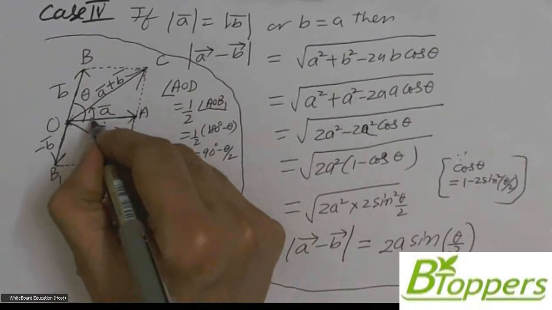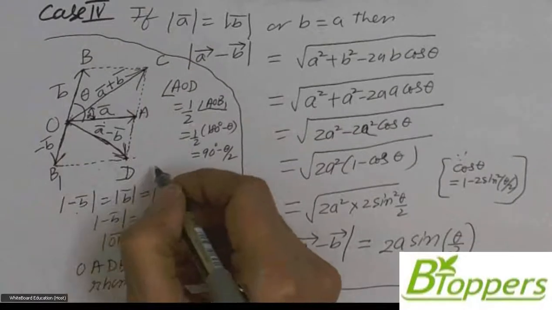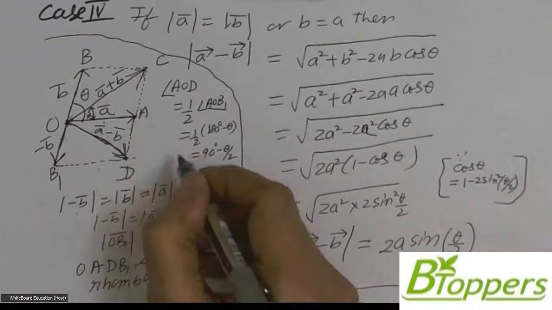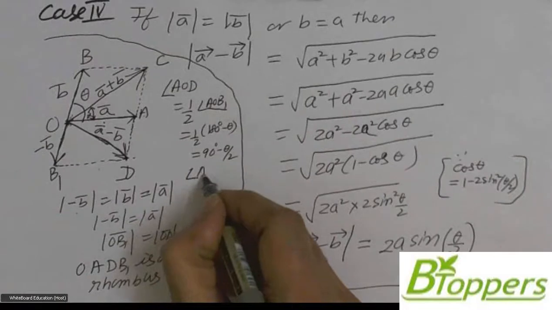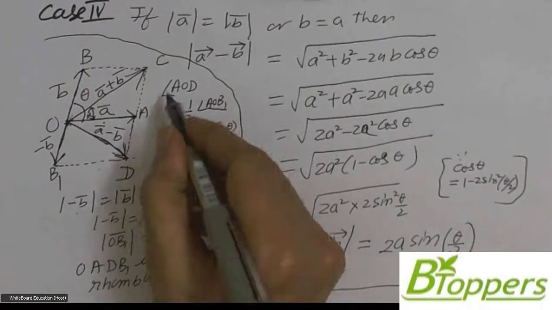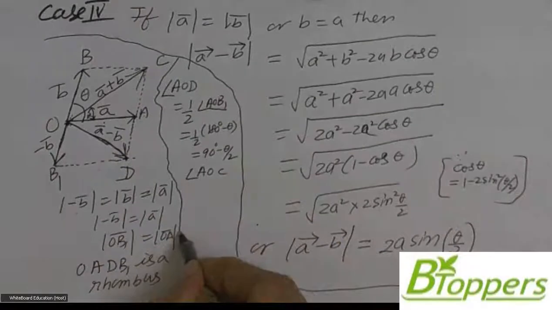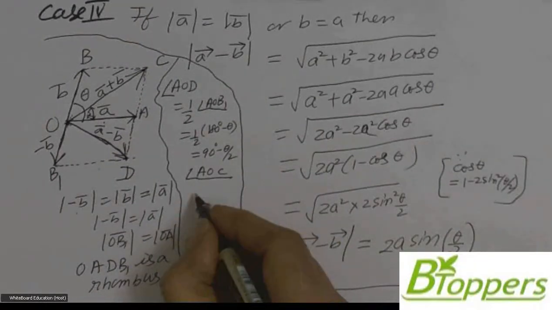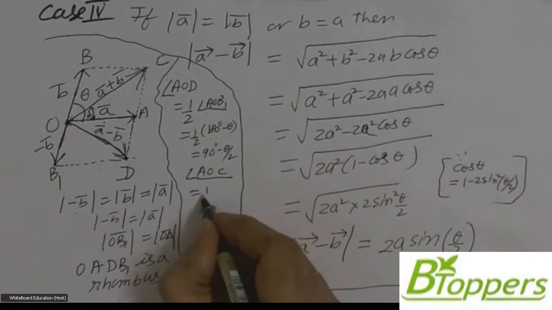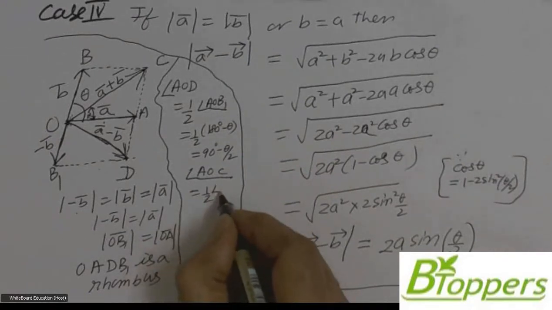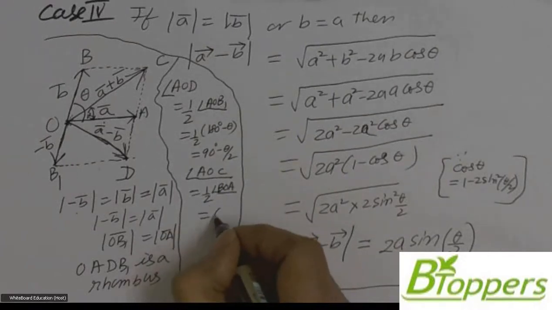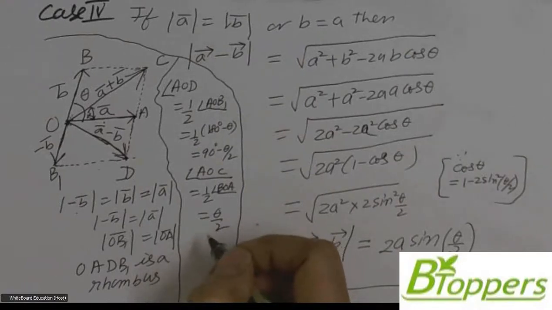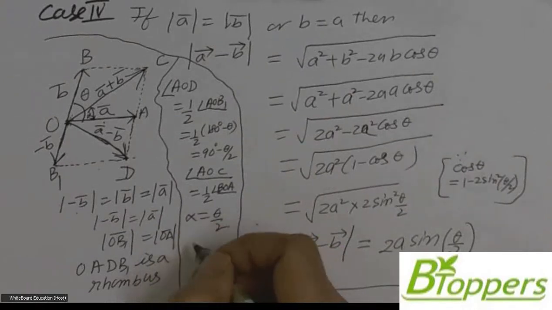That means the angle alpha, the angle AOC, which is the angle made by the vector sum A bar plus B bar with the first vector A bar, will be equal to half of the angle BOA. Angle BOA is theta, so it's theta by 2. Or we write alpha equal to theta by 2.